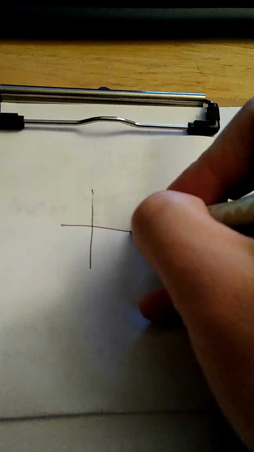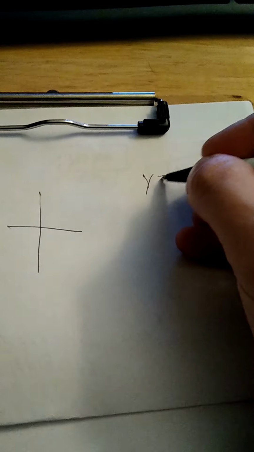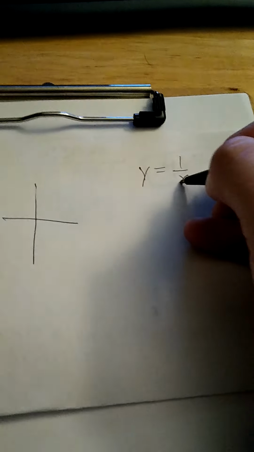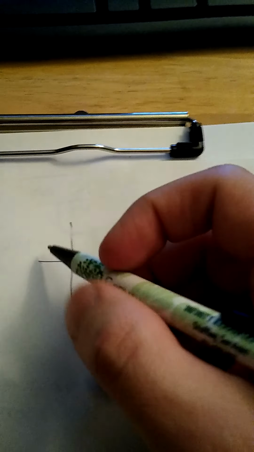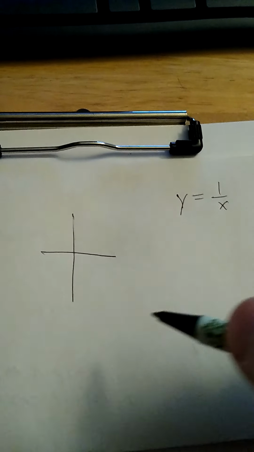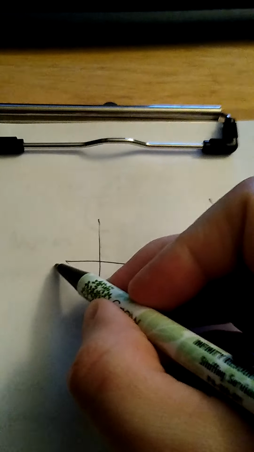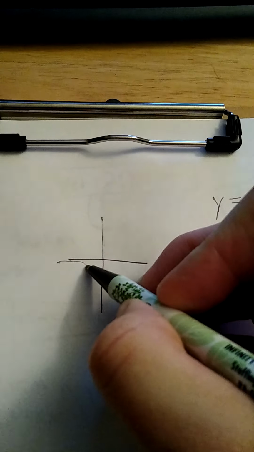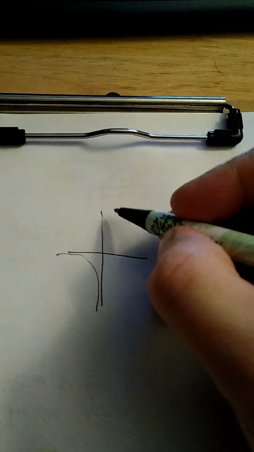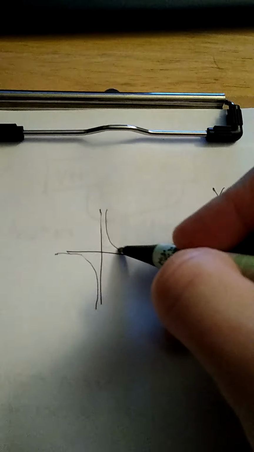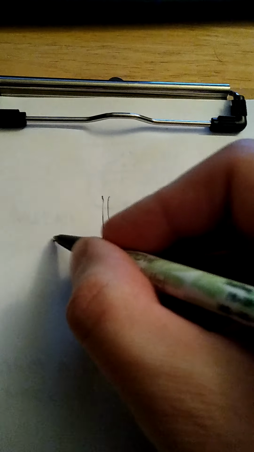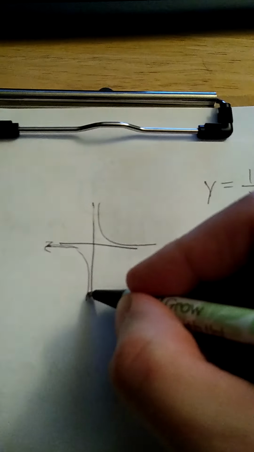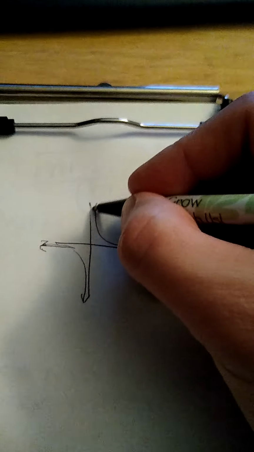A basic parent function for these, if I just have 1 over x, as basic as one of these rationals can become, what we're looking at is following an asymptote of 0, coming down, following an asymptote of 0, coming this way, following an asymptote of 0. So it's two separate sections of a graph, both going towards infinity in multiple directions.